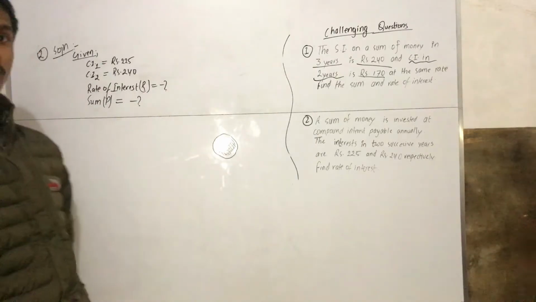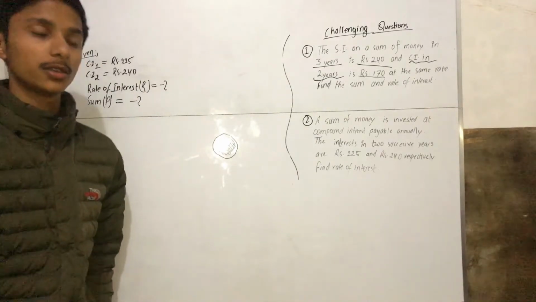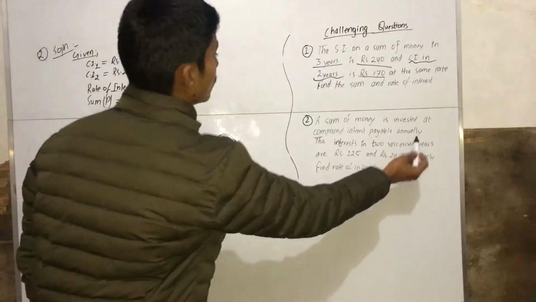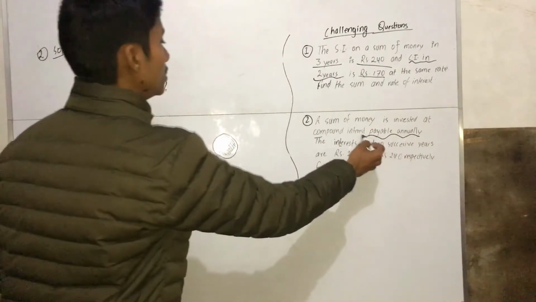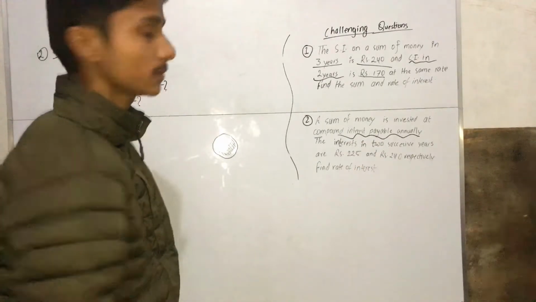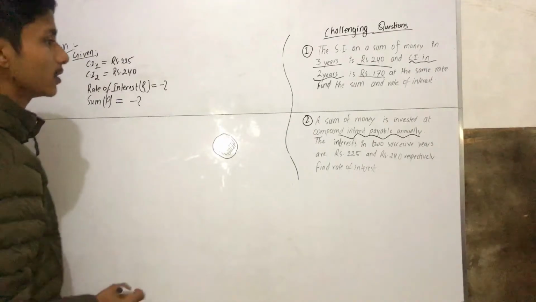Okay, here first thing you have to know very clearly that compound interest payable annually means in each year compound interest is paid. Okay, so we find for first year.